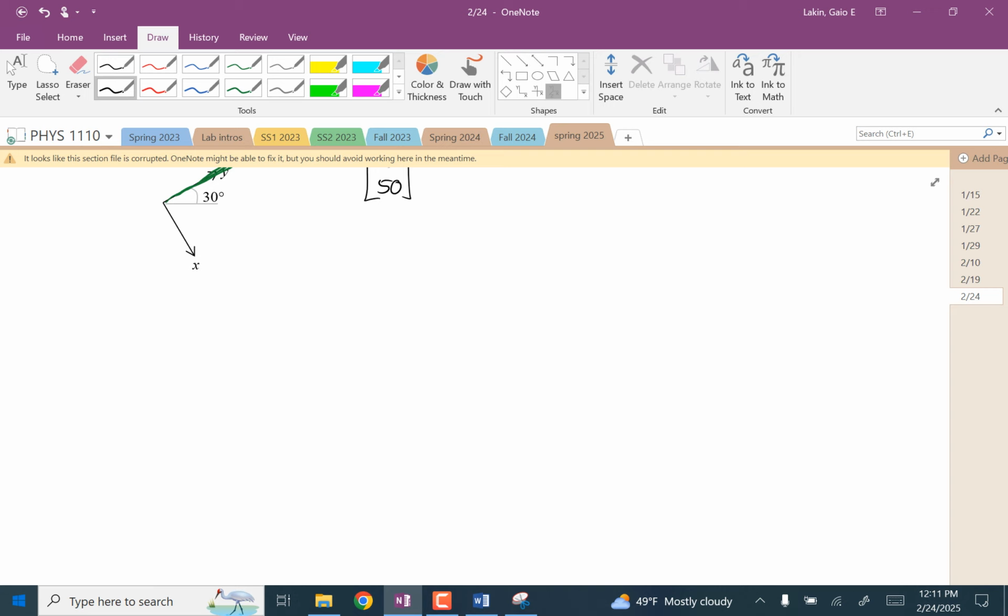Well, last time, we talked about this stuff, introducing vectors. Now we're going to use this idea of vectors to talk about position, velocity, and acceleration in 2 dimensions.